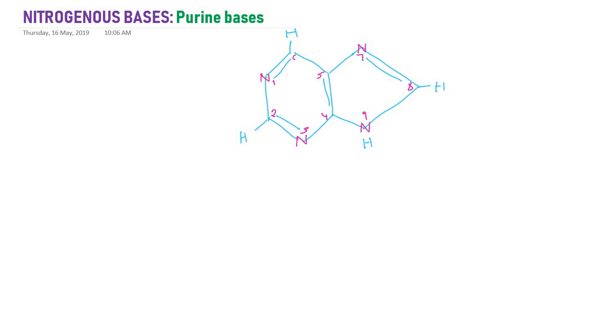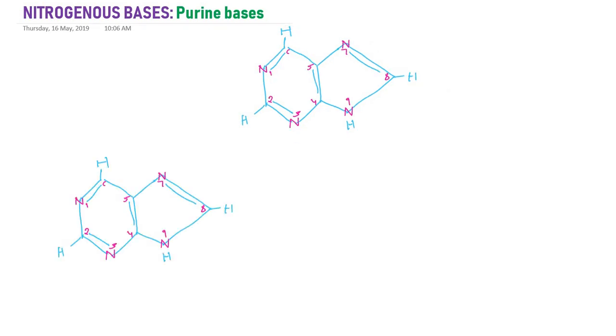From this there are two purine derivatives, that is nitrogenous bases, which could be present in our DNA or RNA. So here I have copied this purine parental nucleus. Let me write the structure of adenine. In adenine, the hydrogen on the 6th carbon atom is replaced by an amino group.